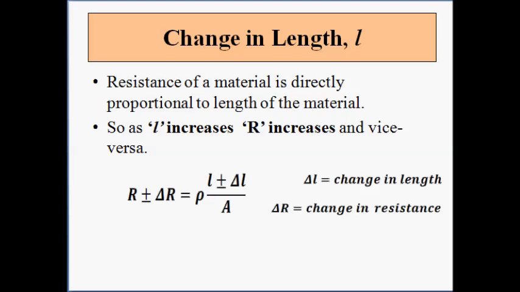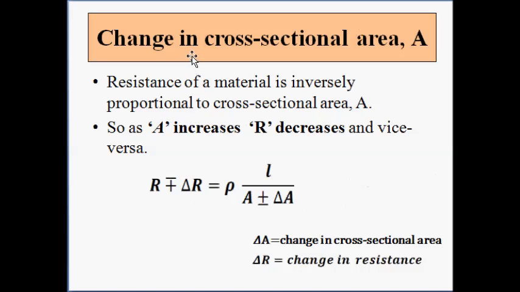Similarly, let us consider change in cross-sectional area. The resistance of a material is inversely proportional to cross-sectional area. So, if cross-sectional area increases, R decreases, and if area decreases, R increases.